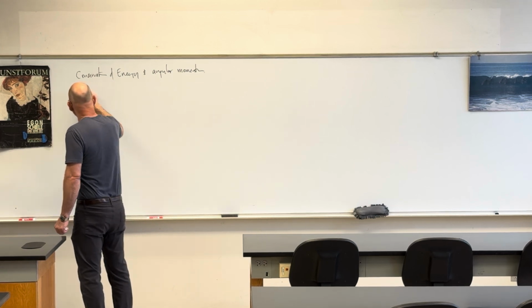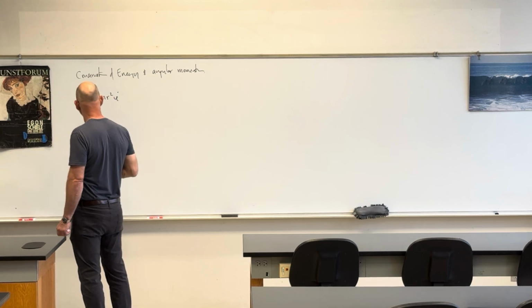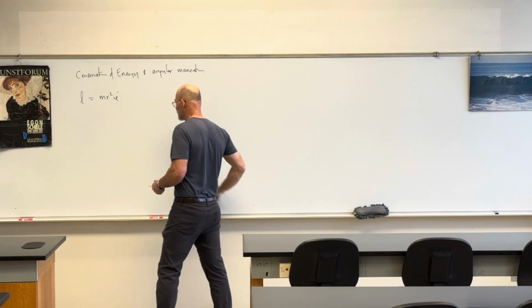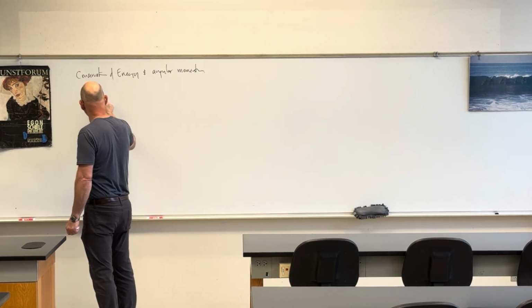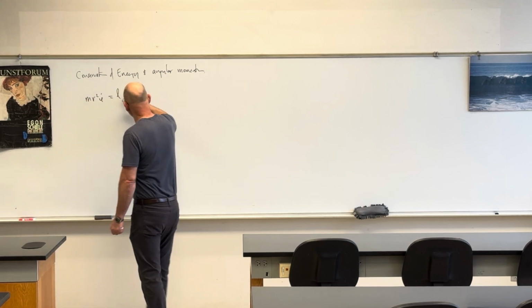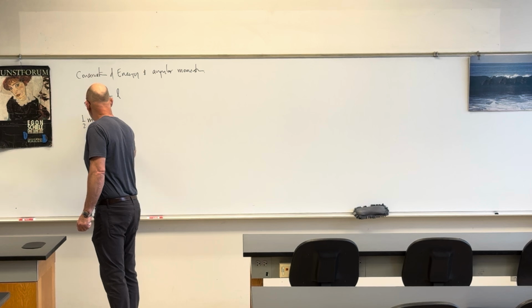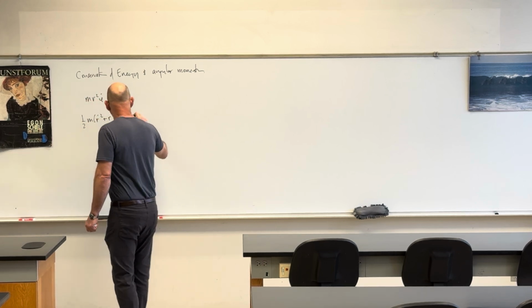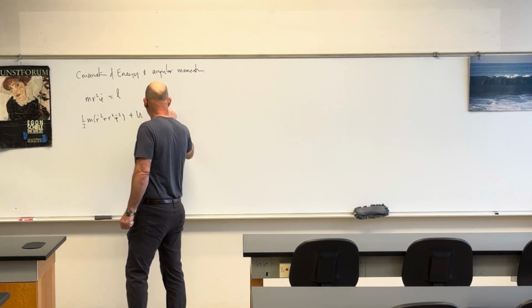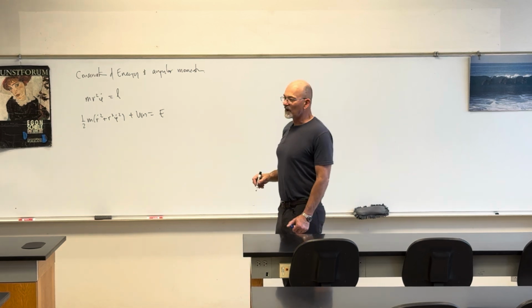So we'll have L equals m r squared θ dot. In fact, I'm going to write it in the other order just for optics. So m r squared θ dot, this is our one conserved quantity, and 1/2 m r dot squared plus U equals E. I'll write U of r there. So those are our two conserved quantities.